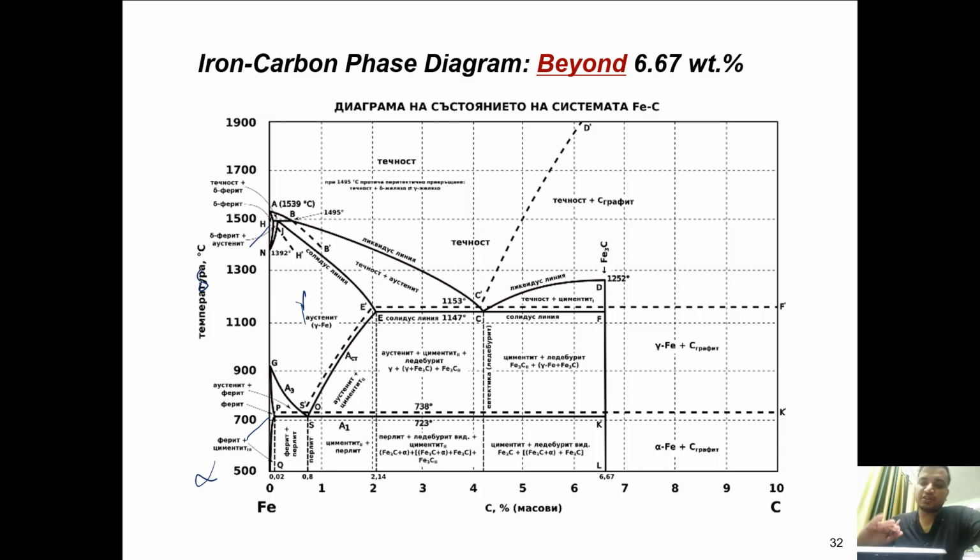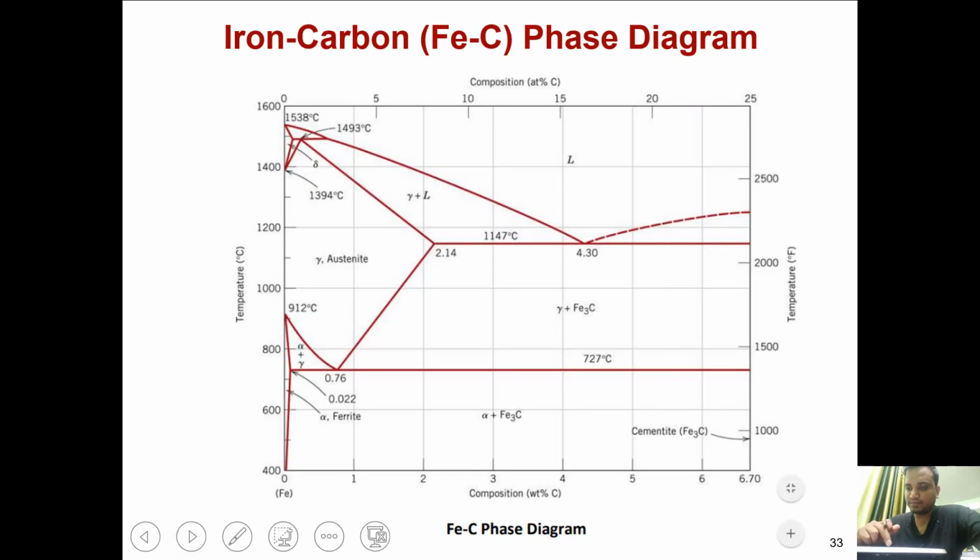So the 3 forms of iron are alpha, then gamma, then delta. So this is cleaner. We have alpha, alpha plus gamma, then delta, then gamma plus Fe3C.